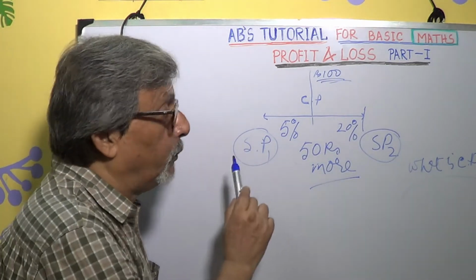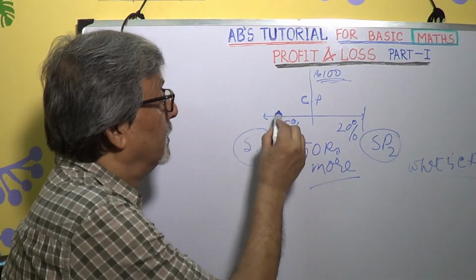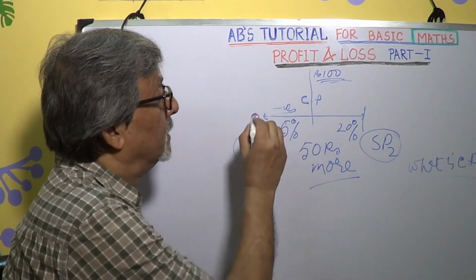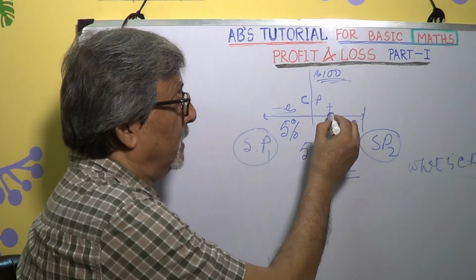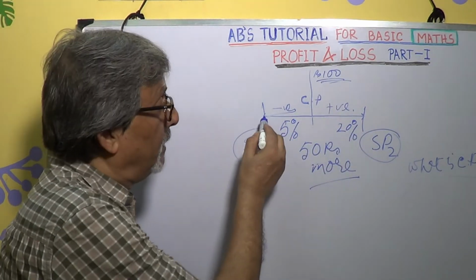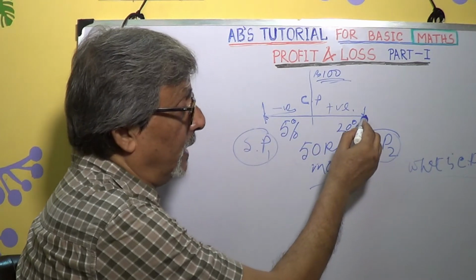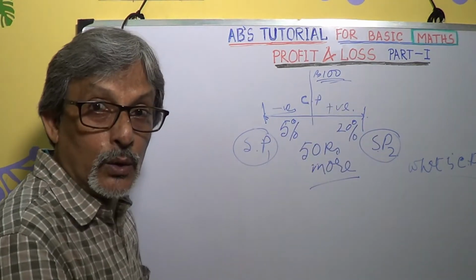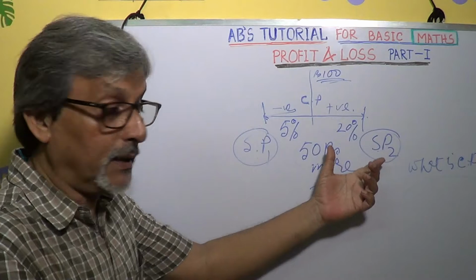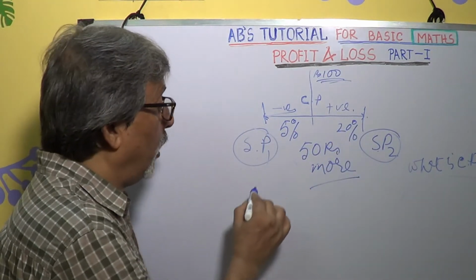This is what it is meant. This is meant that it is on the negative side. I have just told you, this is negative side, this is positive side. So from this point, SP1 point, from this negative point, if we want to move towards this positive side up to SP2, second selling price, this difference is in the form of percentage.